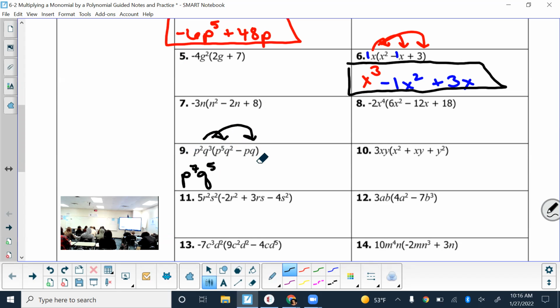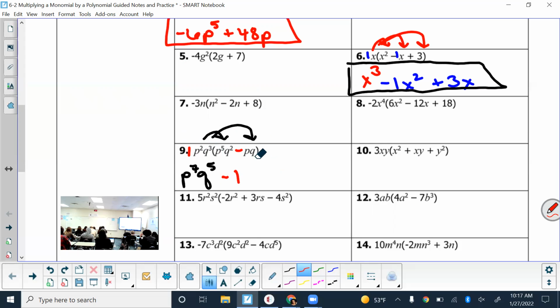Now, the second term. Coefficients, don't forget those. So I have a positive 1 times a negative 1. What do I get? Negative 1. And then you don't really need to write the 1, but definitely have the minus.